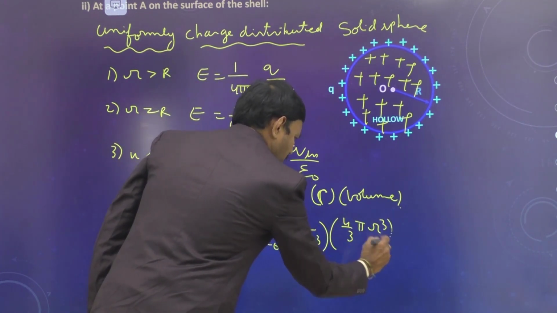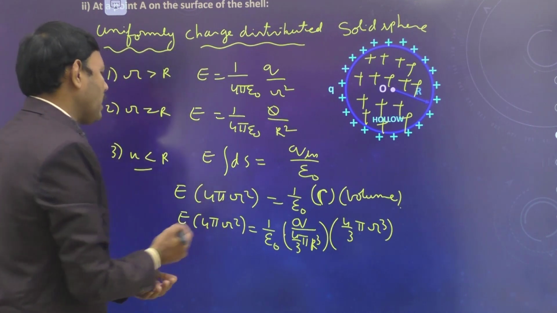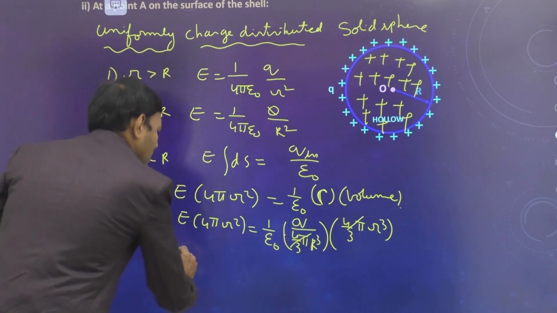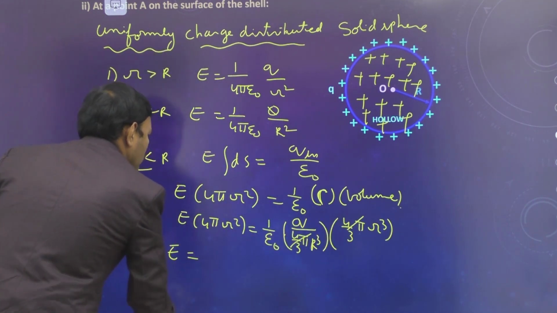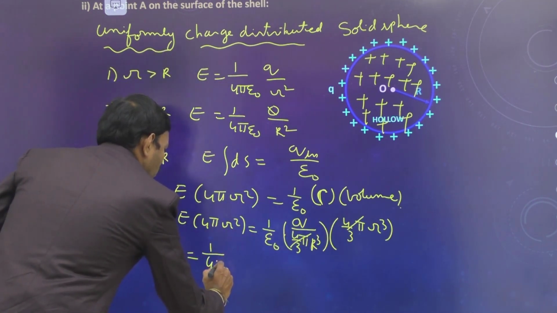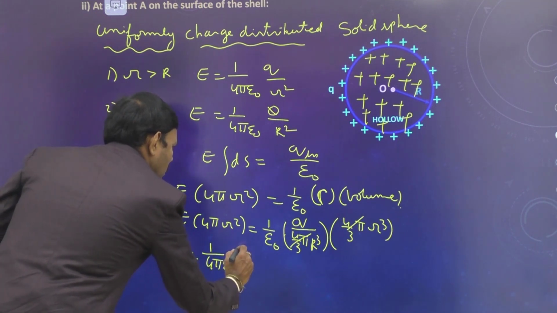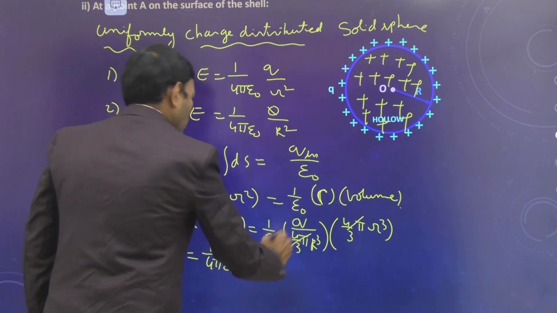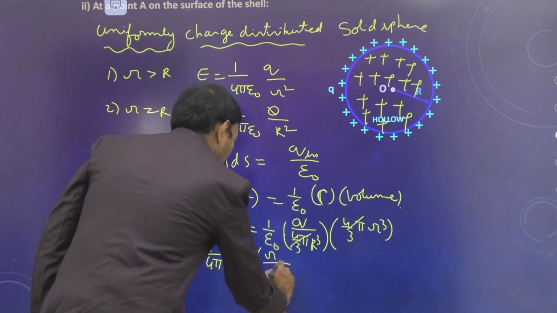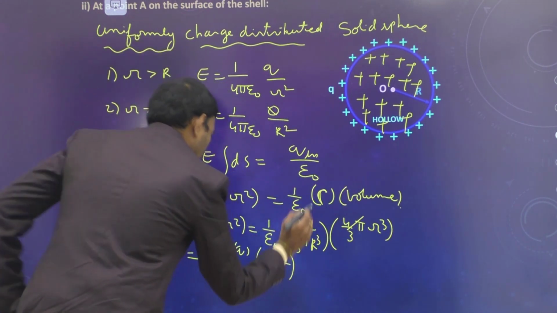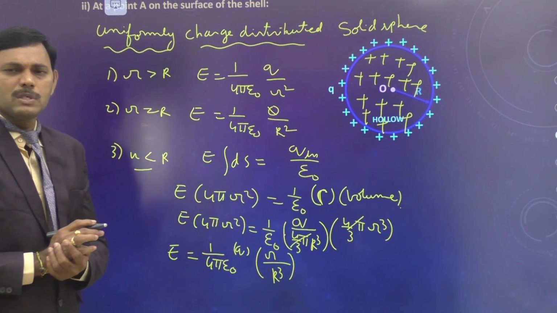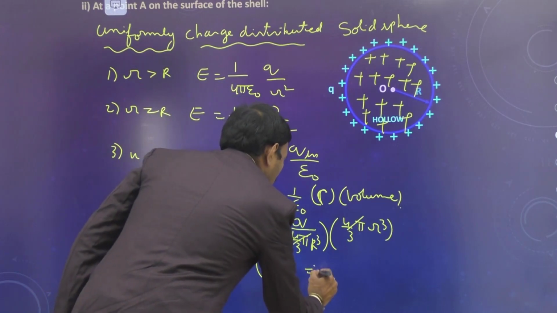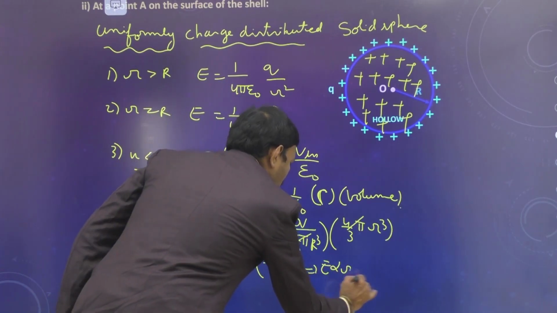So 4/3 pi gets cancelled in numerator and denominator, then E is equal to 1 by 4 pi epsilon naught into Q into, here r square, r cube, r is the remaining value, r by R cube. E is 1 by 4 pi epsilon naught Q into small r by capital R cube. This implies we conclude that E is proportional to small r.